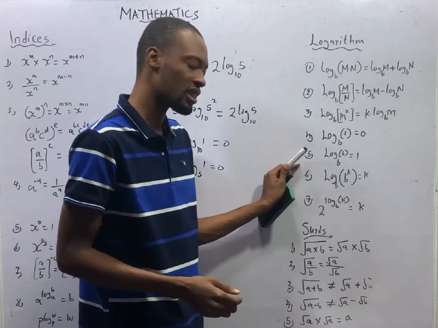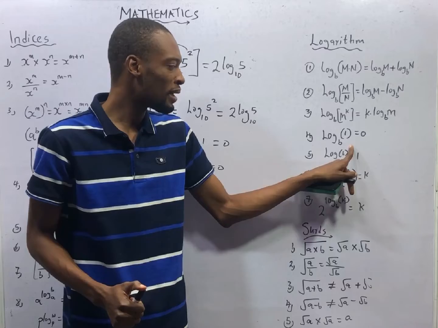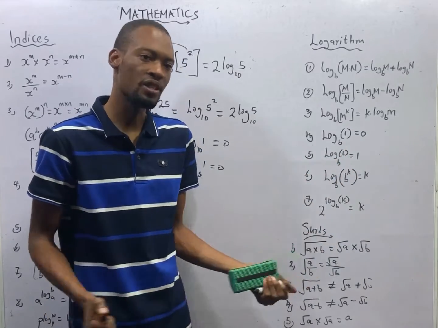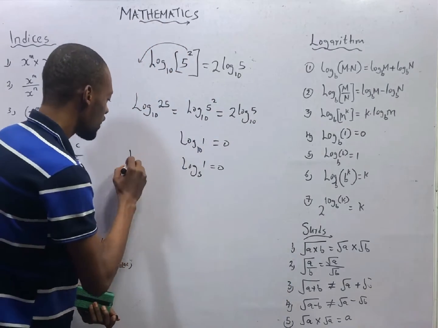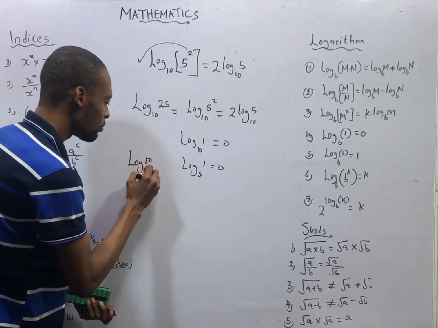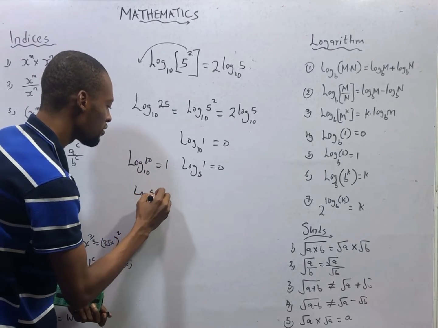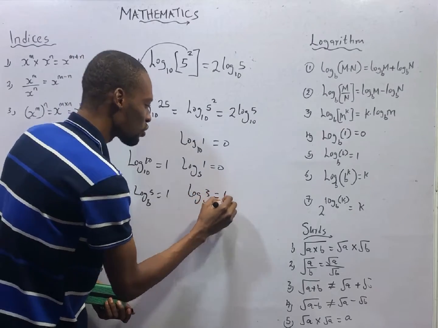Then the fifth law says if you have log of a number to its base, which means the number and the base are the same, the answer is 1. What does that imply? If I have log 10 with base 10, this is 1. Log 5 base 5, 1. Log 3 base 3 is equal to 1.